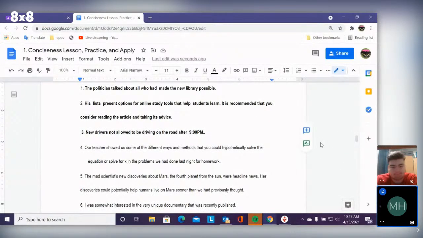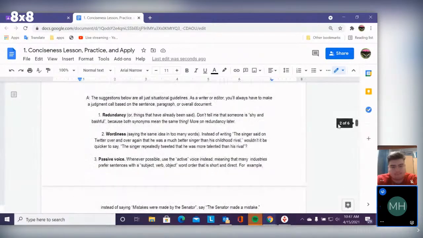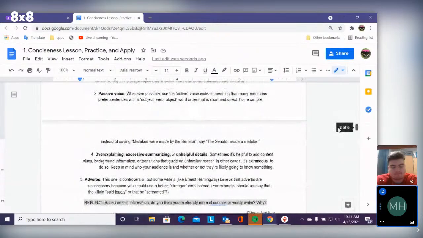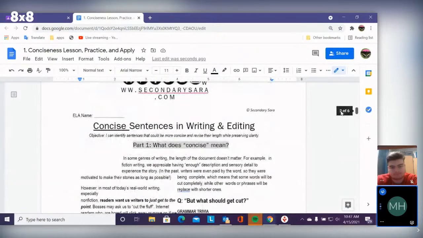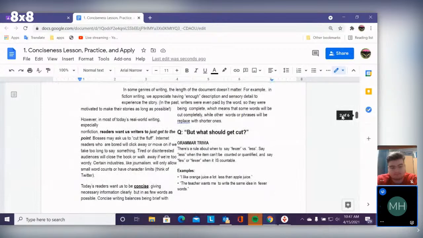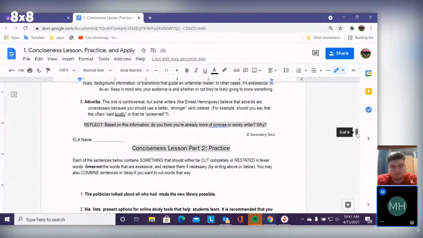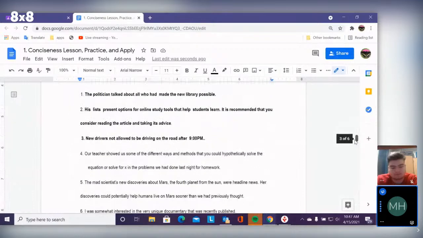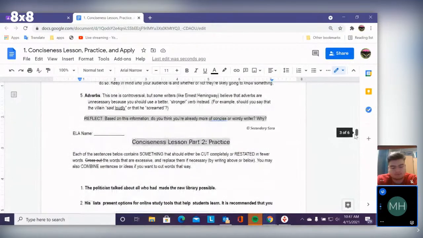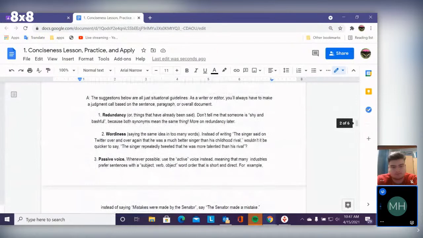And so that people are interested in what you write, that your ideas come across and they don't get bogged down in unnecessary fluff. Sometimes it is just fluff. So we have that first sheet. I thought it was really great. Keep these pages. If you've got a notebook, you can print these off, and they're going to help you when you have these essays coming up. So that's all we have for this portion.